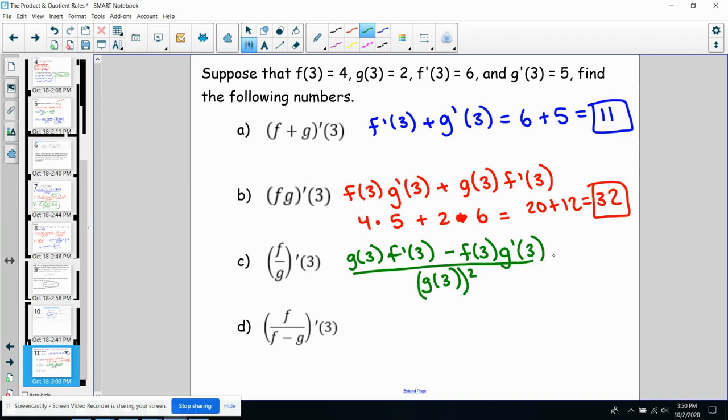So if we plug this stuff in, g of 3 is 2, so 2 times f prime of 3, which is 6, minus f of 3, which is 4, times g prime of 3, which is 5, all over g of 3, which is 2 squared, so 4. So we get 12 minus 20 over 4. So we get negative 8 over 4, which is negative 2.